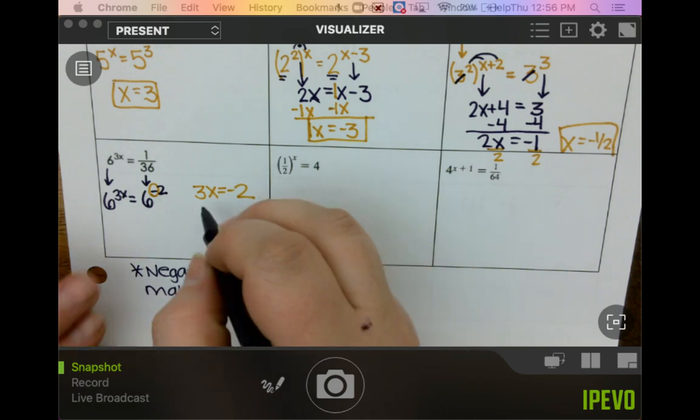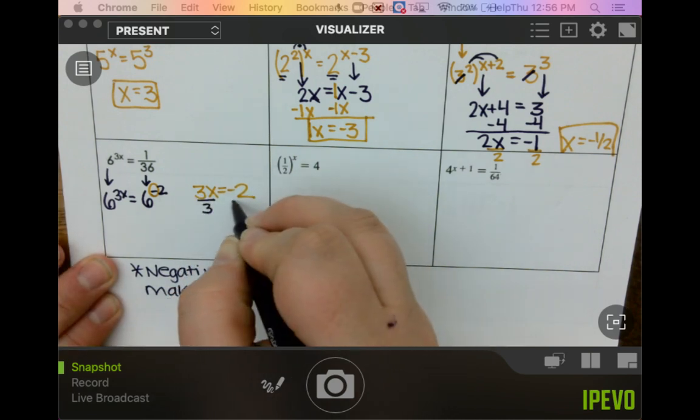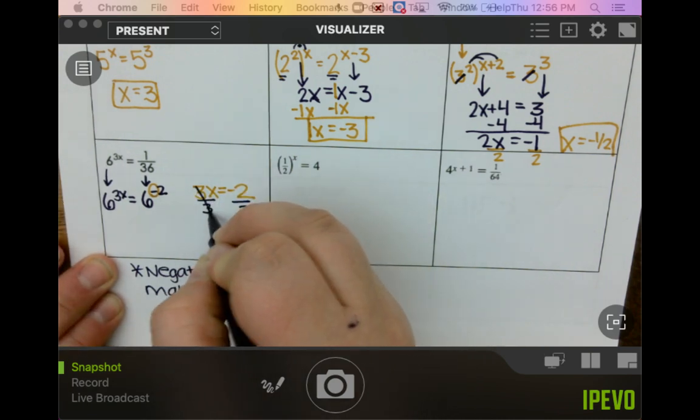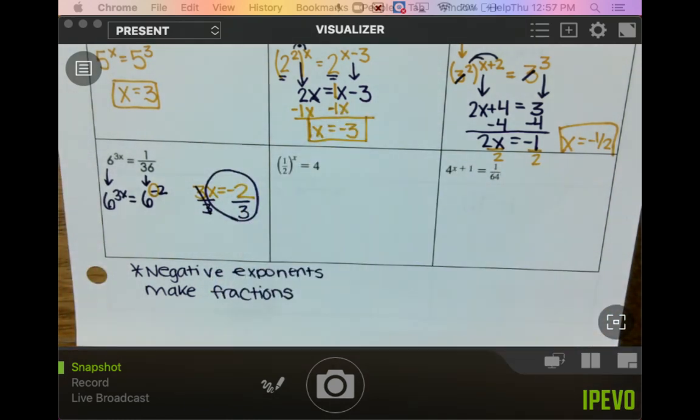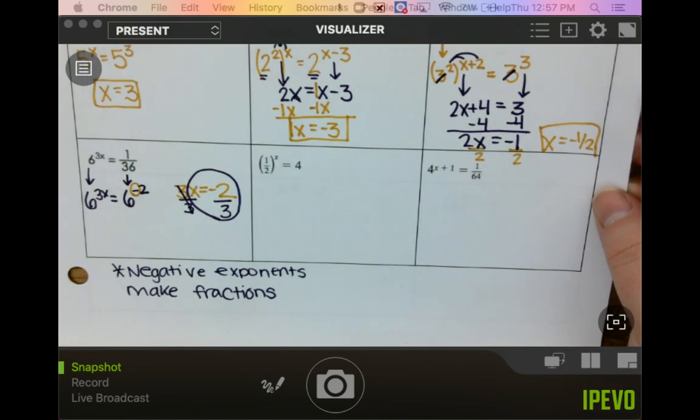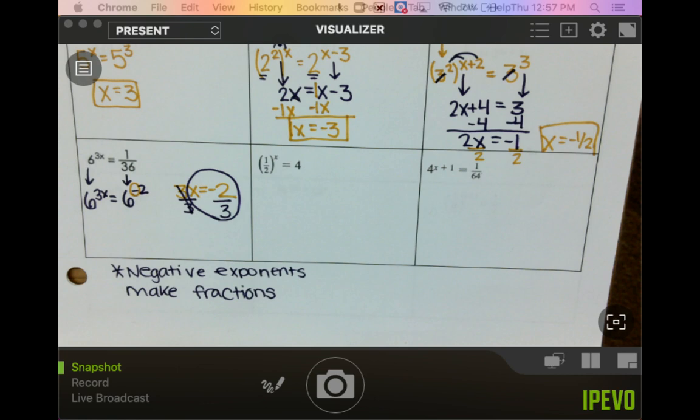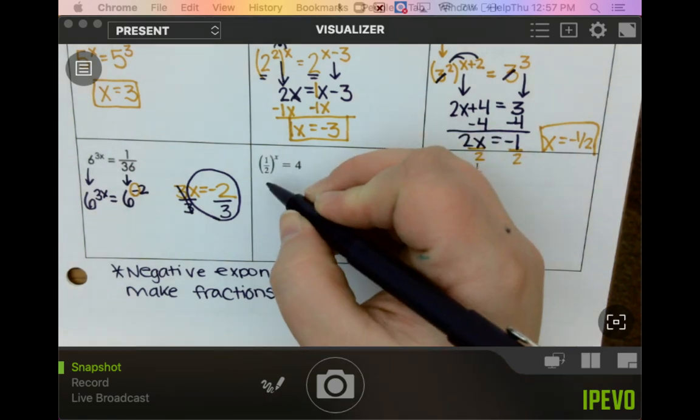Don't worry about the fact that this is going to be a fraction answer. It actually saves you a step because it's just going to be -2/3. So you don't have to actually divide it if it's not going to work out nicely. Right? There are going to be some fraction answers. And then in the middle here, we have a 2 inside the parentheses.